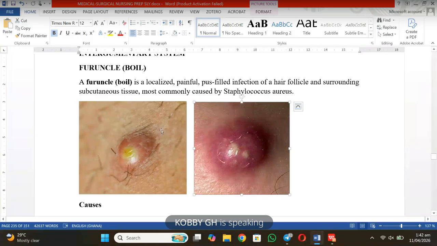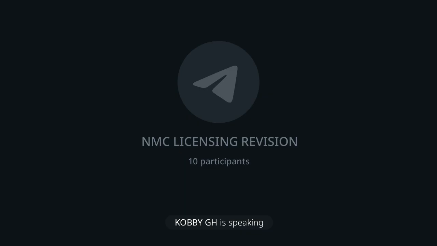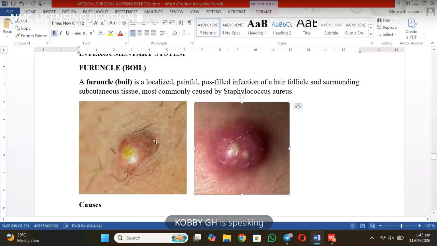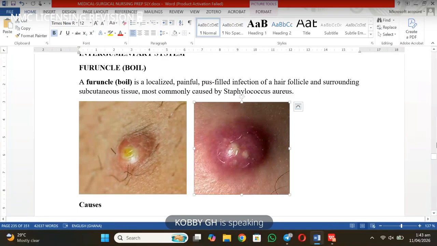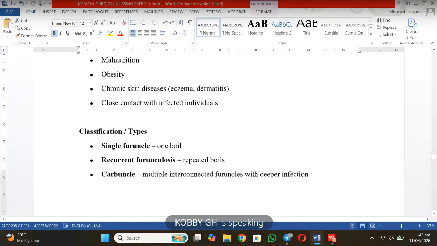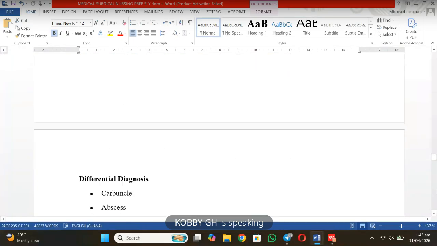So when we say a boil, it's either a hair follicle or a subcutaneous tissue that is filled with pus. But the key point with a furuncle is that it's a single collection of pus, a single one. If you don't pay attention to the fact that it's single, you will not understand the carbuncle.